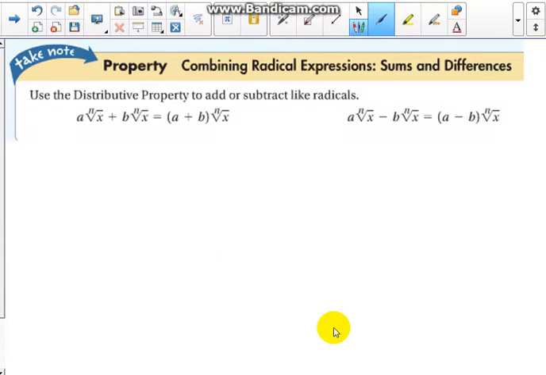That was just regrouping like I did a moment ago. So if I have this plus this, I can just say it is the same as a plus b times the radical with its index. And subtraction works the same way.